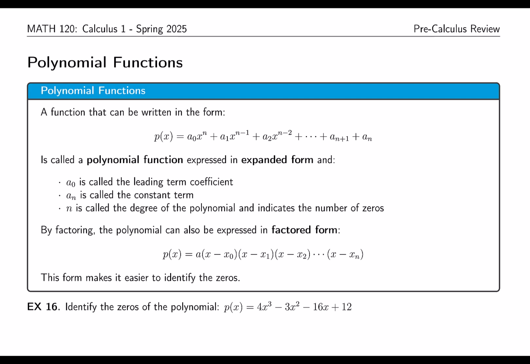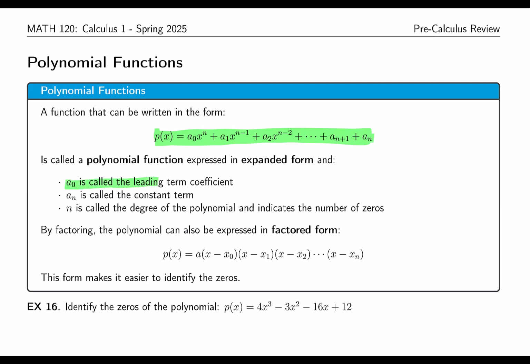So quickly here, the definition of a polynomial is any function that can be written in this form right here that you see highlighted. So there's one variable, x, a sub 0, a sub 1, and so forth. These are all constant values. They're referred to as coefficients.